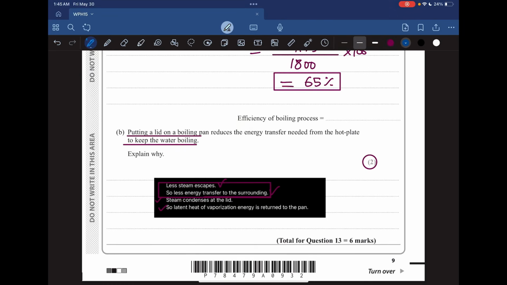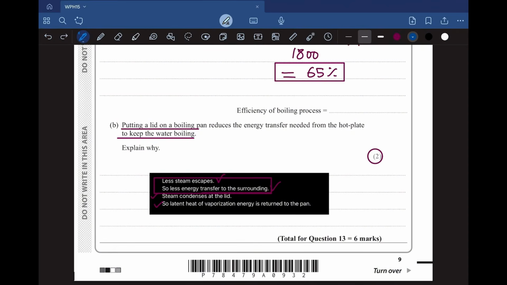But I have still added a few more points, the third and the fourth, because understanding them will allow you to grasp more ideas which might be needed in later sessions of the exam.